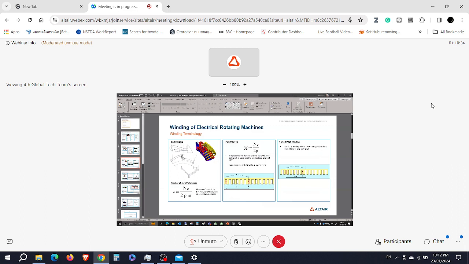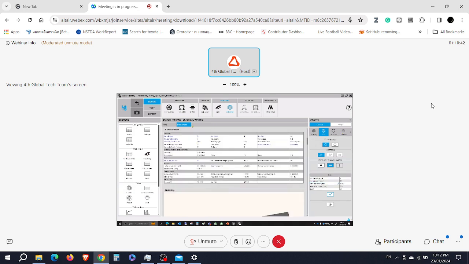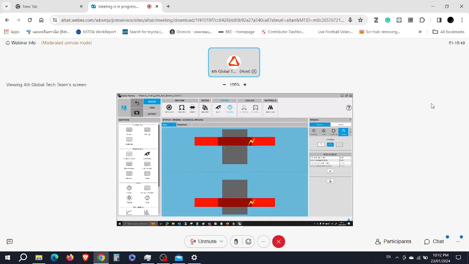Okay, then we have the end winding. End winding are also parameters that will increase or not the resistance. So you have to go to the end winding and choose the shape of your end winding. Then you can go to the axial view, so you can check which one you need to use.